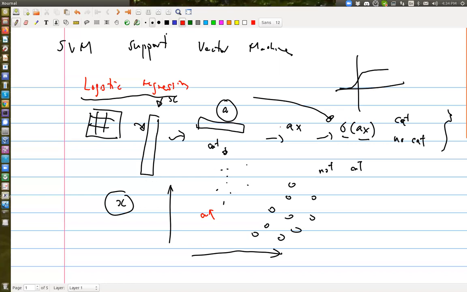Maybe a better way to write it is to emphasize this is the inner product between A and X. It should give me a scalar outcome. So it's really a projection of X along the A direction.